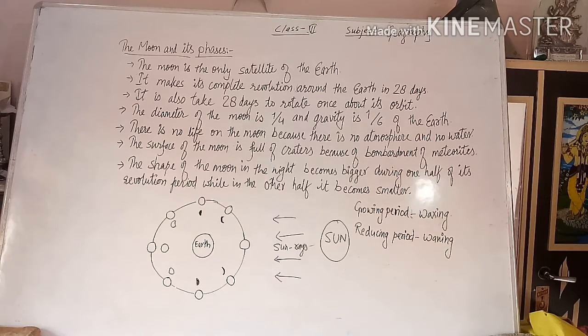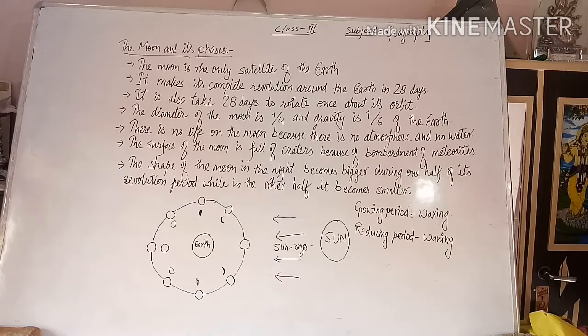Now as you can see on the screen, in the picture there, one round shape is the sun, and there is one picture that is earth, and around the earth the orbit, that is the orbit of the moon, and you can see there are many moons. That is showing us the variety of shapes of the moon.